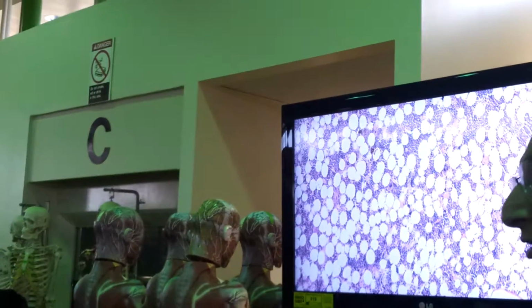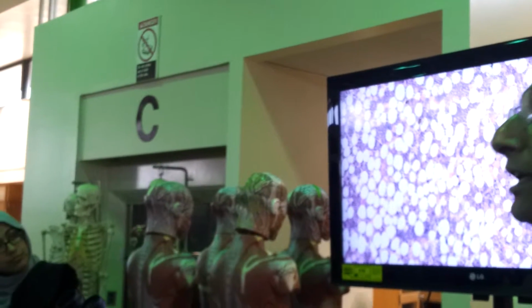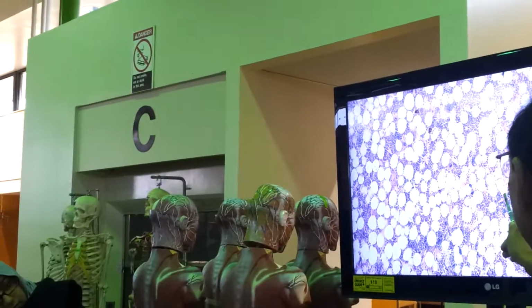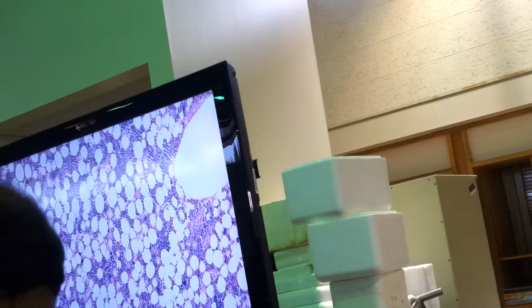Number 2, there are some cells which are really big, with a big nucleus. Do you see any cell with a big nucleus? See this cell here? You see that? These cells are special.